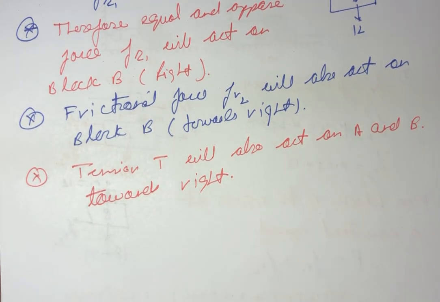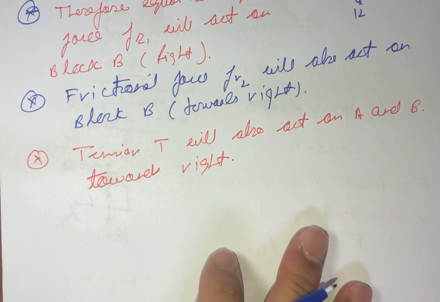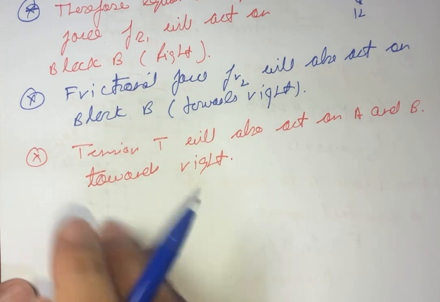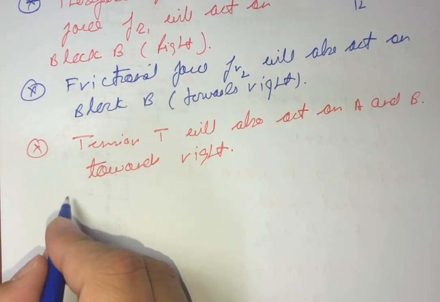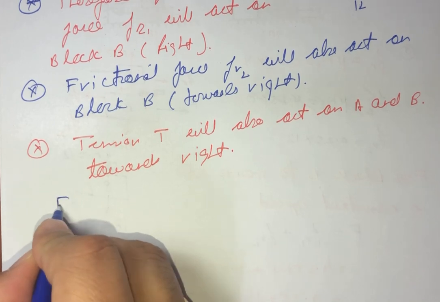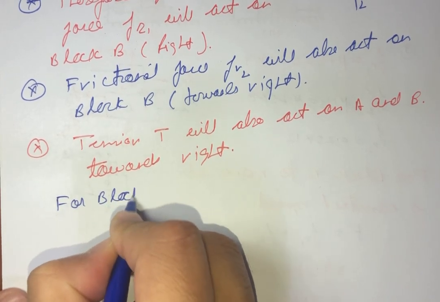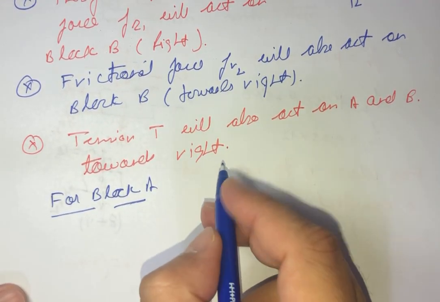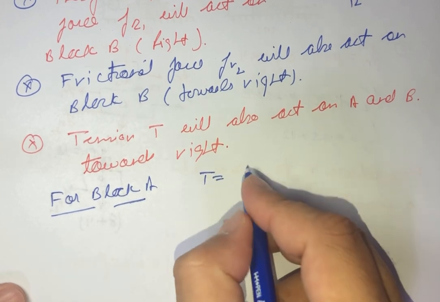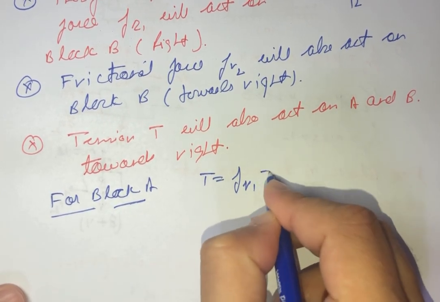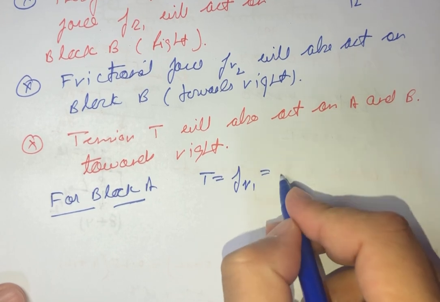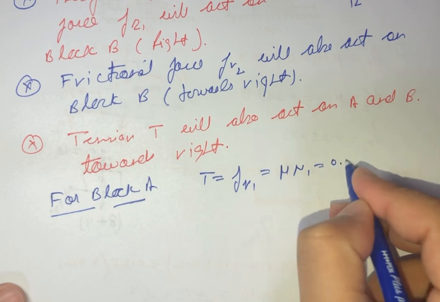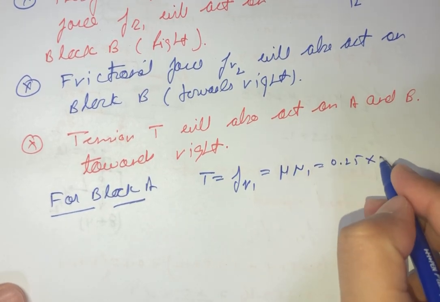So based on the free body diagram, we can write the equation. We can say that for block A, we have tension equal to Fr1, and Fr1 is nothing but mu N1, and mu is given as 0.25 and N1 is our 4.